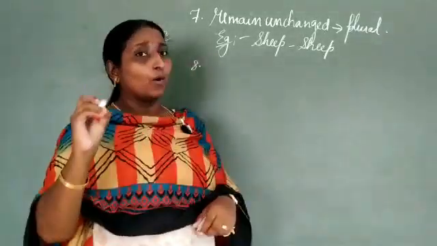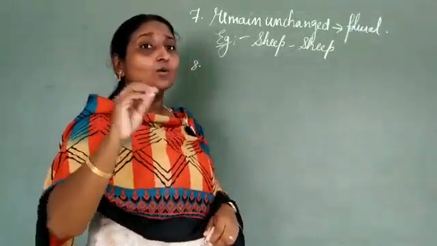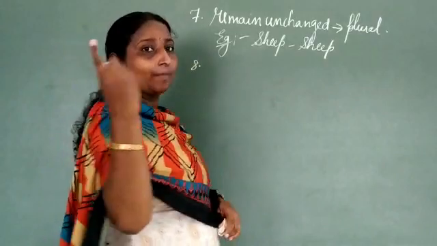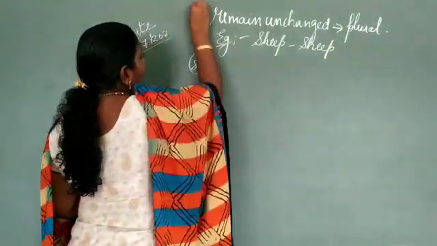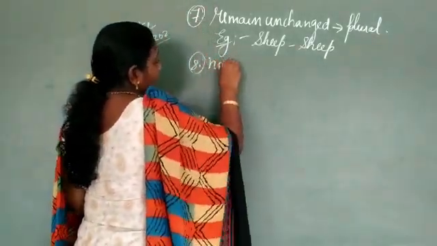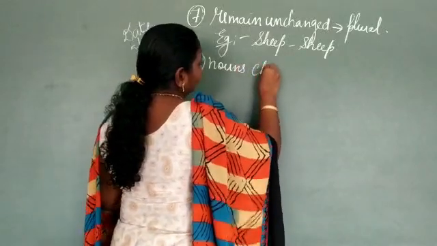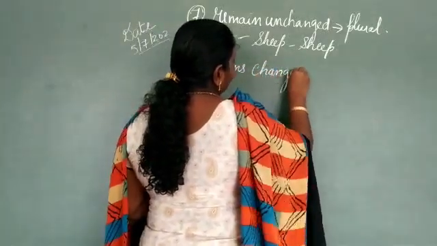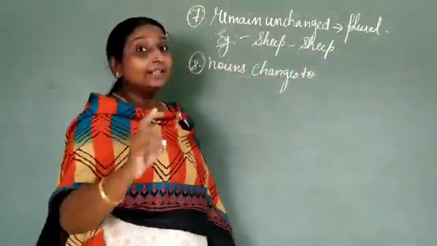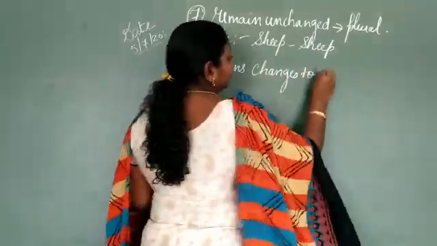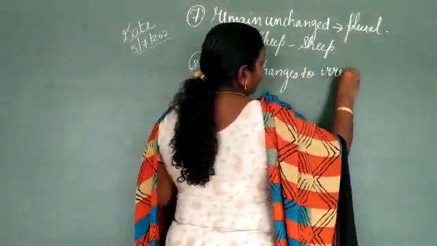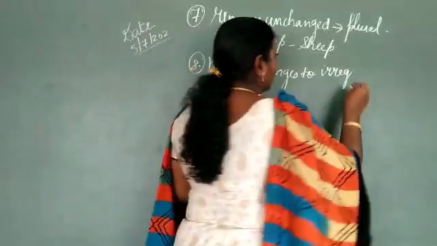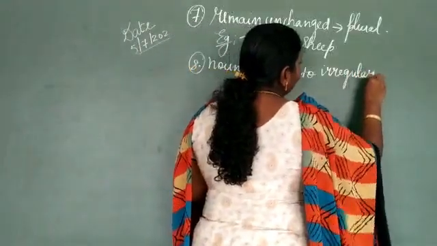Okay. Now moving to the eighth one. Your eighth point or eighth rule is that some nouns change in an irregular manner. What do you mean by irregular manner?